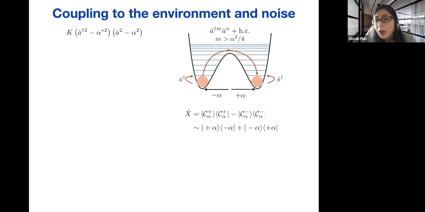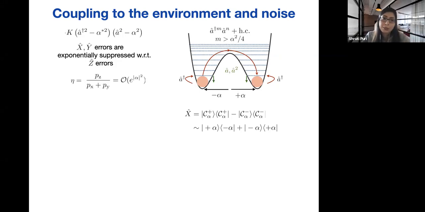Now you can have low order errors, like just a single photon absorption, which doesn't take you over the barrier, but it can take you to the next level, causing a leakage. But any photon dissipation event will actually bring you back down. So you basically are never able to hop over the barrier and go from one side of the well to the other, and your X errors and Y errors are suppressed.